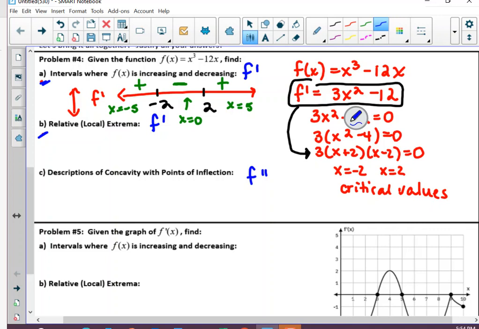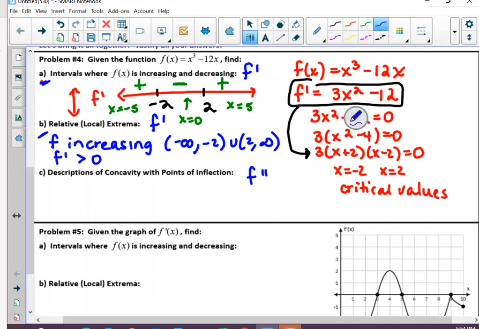Having the number line itself is not enough. You have to tell the reader, tell the person looking at your paper, what information you are determining based on what the number line looks like. So here's what I know. I know f is increasing on the interval from negative infinity to negative 2 and on the interval from 2 to infinity.